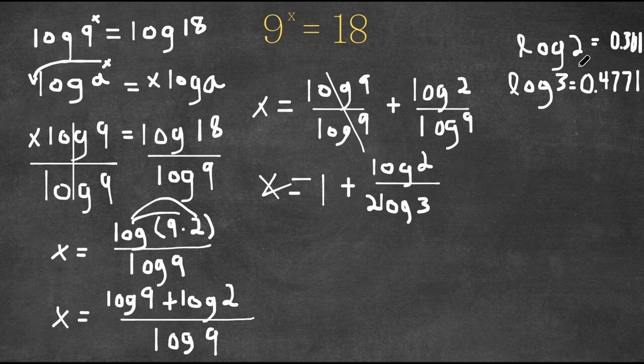So now if I plug in these numbers, we would get 1 plus 0.301 over 2 times log 3, well, that would be 0.9542.